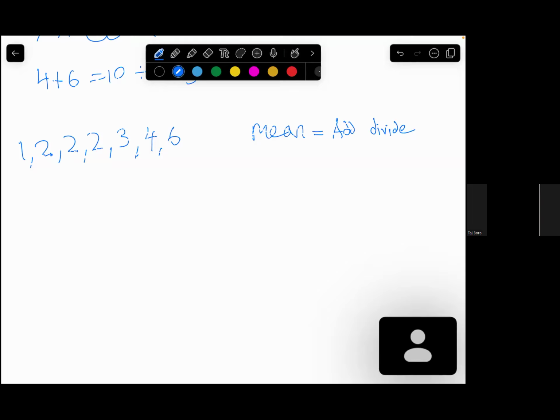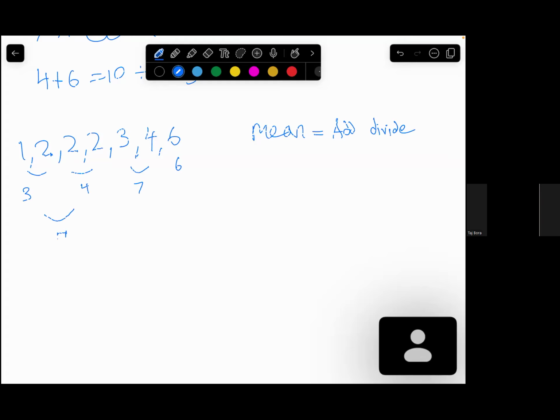So this will give us the number that is closest to the thing. So we have 1 plus 2 is 3, 2 plus 2 is 4, 3 plus 4 is 7, and then there's 6.